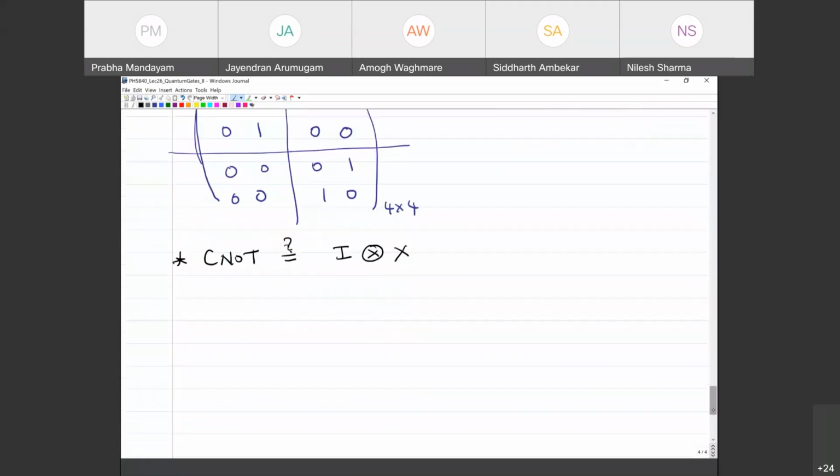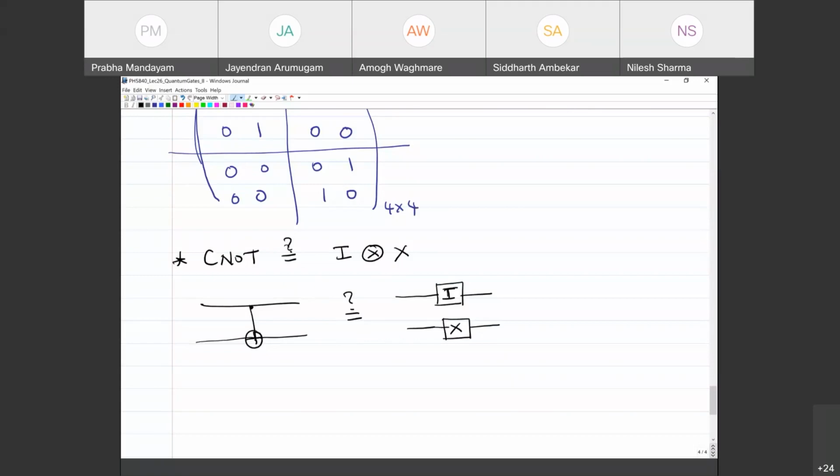So in the circuit form, what I'm asking, yes, someone already has an answer. Yes, what's the answer? Yes or no? No, ma'am. Why not? Due to the definition of the tensor product, in the top one I will have 0, 1, 0 in place of this identity.